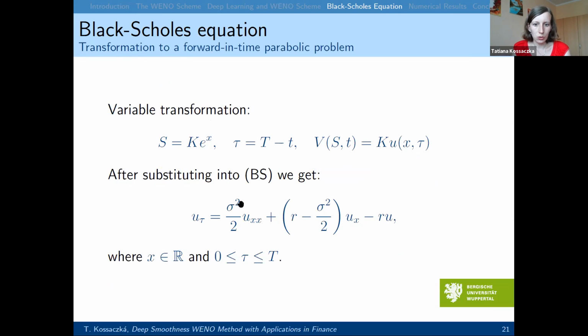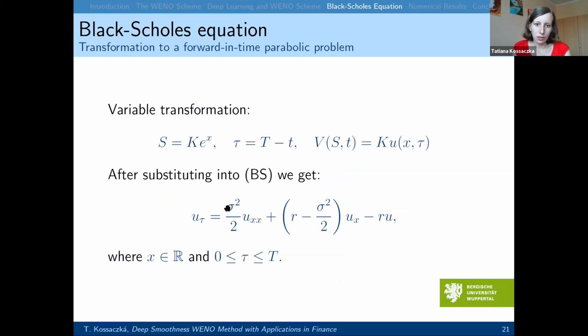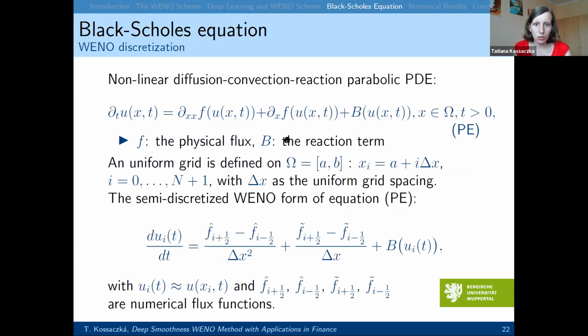So this equation can then be seen like this, where f is actually the identity. We have the identity multiplied by this factor, and here also we have the identity function multiplied by this factor, and then we simply discretize these two flux functions like this.